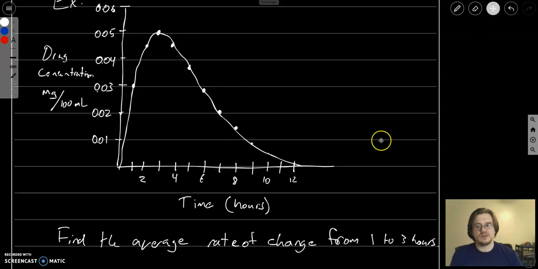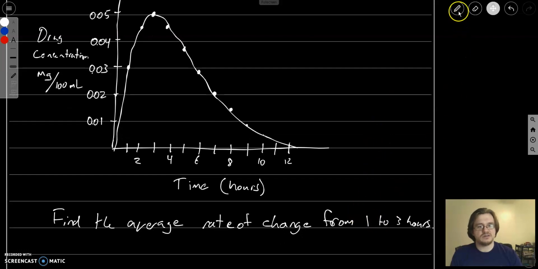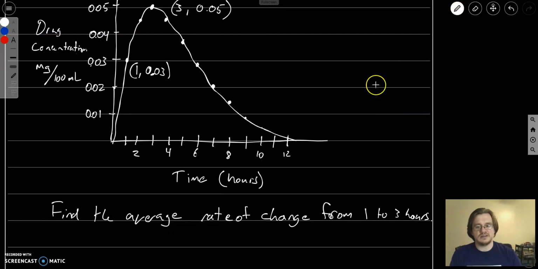So the average rate of change from 1 hour to 3 hours. At 1 hour, we're here, so this point is going to be 0.03. And at 3 hours, we're at the peak up here. This is going to be 0.05. So again, we want to know the difference in height.